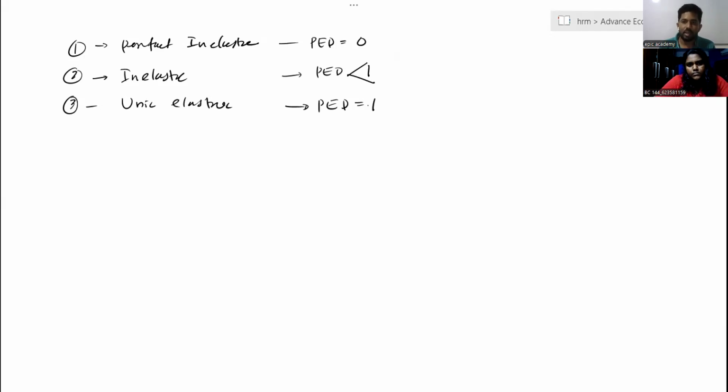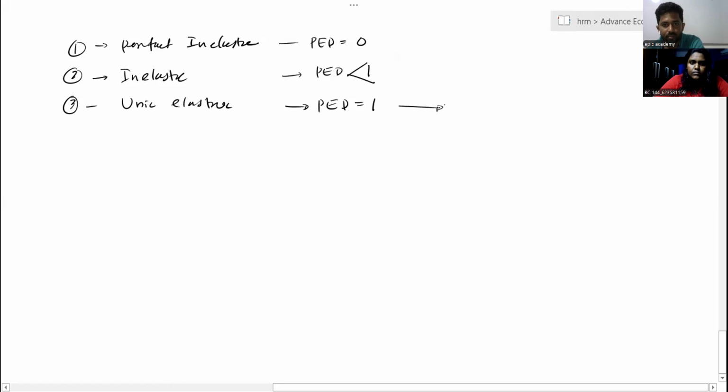That is the situation you have to identify. This is unit elastic. How does it happen? Delta QD and delta P have similar values. 100% divided by 100% will always be 1.